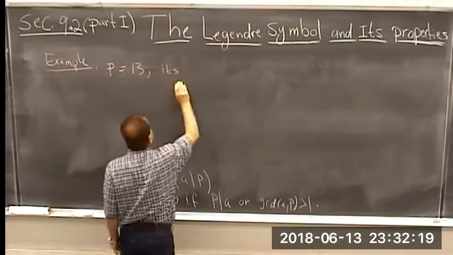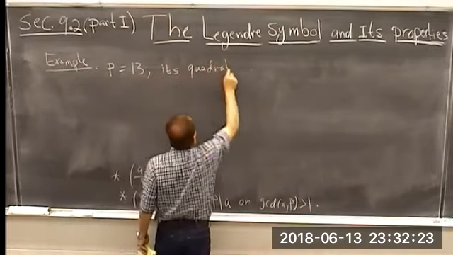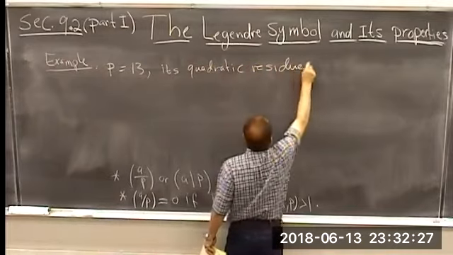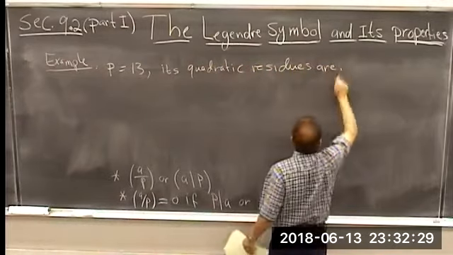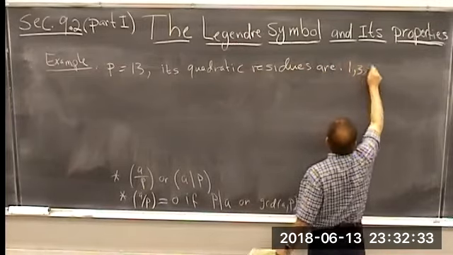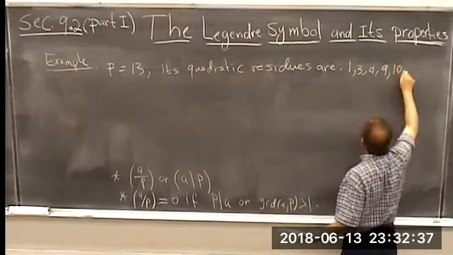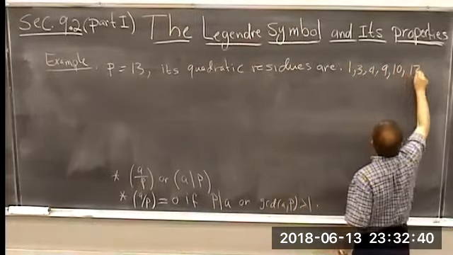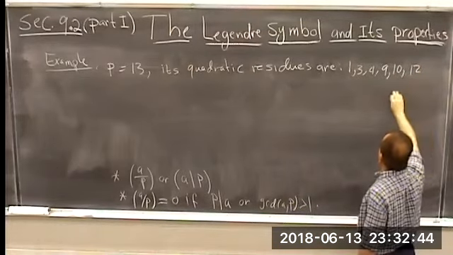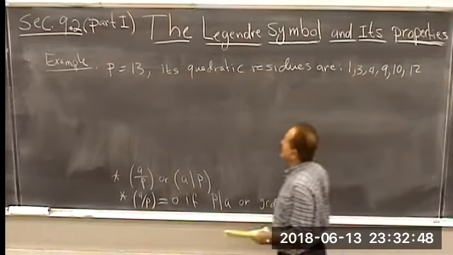Its quadratic residues are these integers: 1, 3, 4, 9, 10, and 12. As you see, not all of them are squares. So they are squares mod 13, basically. That's really what it is.